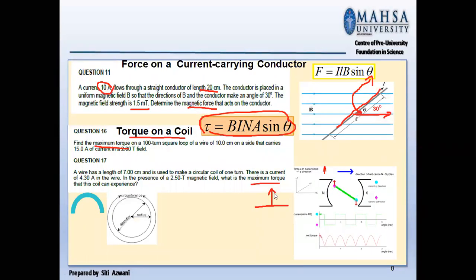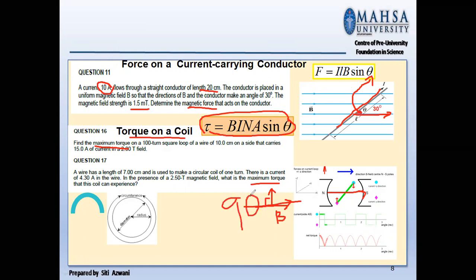And then you have your magnetic field B. Your magnetic field B is always from north to the south pole. So let's say this is your magnetic field B. So your angle is here, 90 degree.